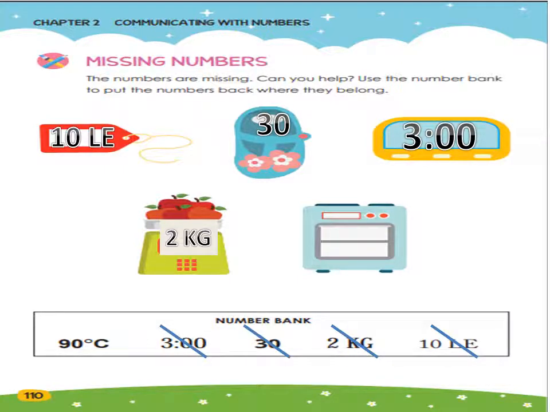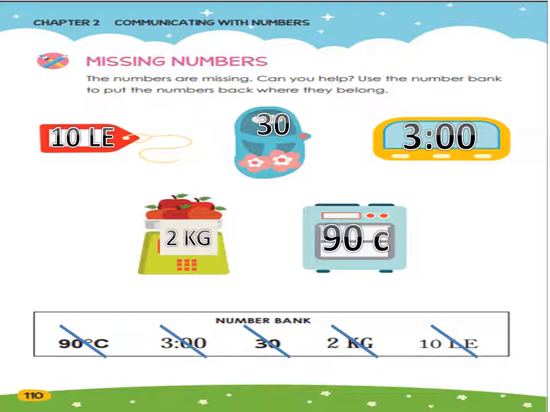We still have a number which is 90 Celsius. 90 Celsius measure the temperature, the heat. So excellent, the oven. We will put 90 Celsius and we will cross it from here.